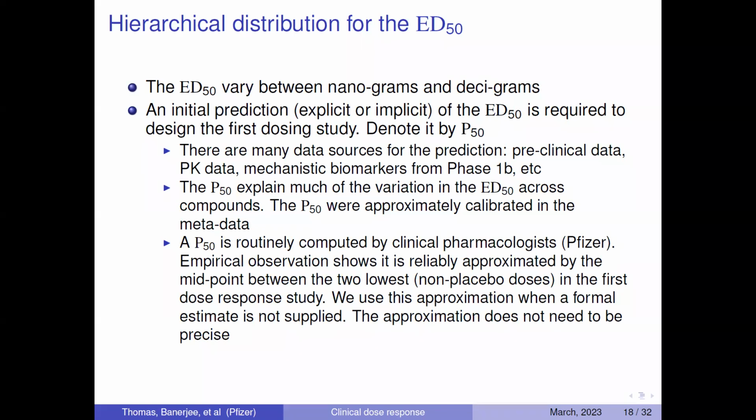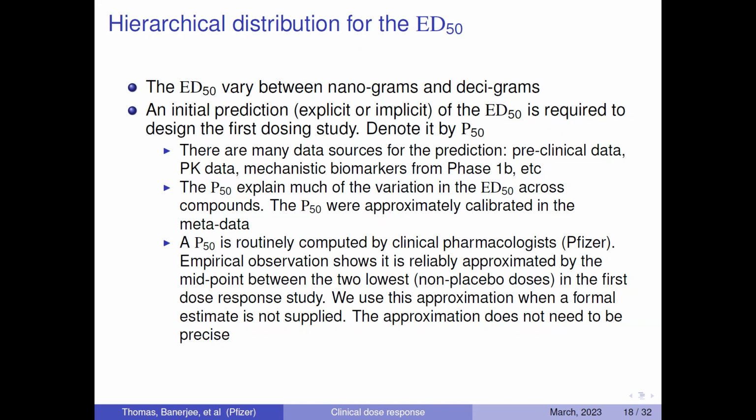One of the things we've discovered, and we'll talk about this, is that our designs, even those narrowly spaced ones, are pretty well calibrated, in the sense that if you look at the final data after you've completed your dose ranging studies and you look at your estimated ED50, about half the time it's above the P50 and about half the time it's below the P50.